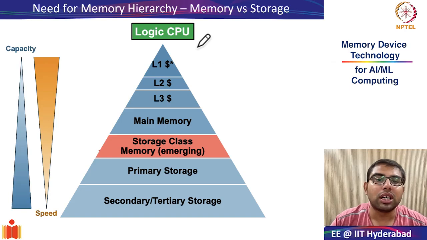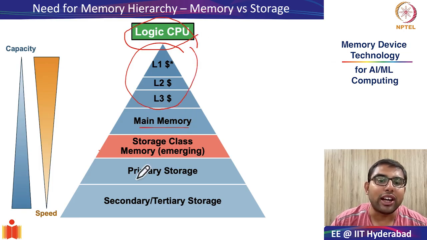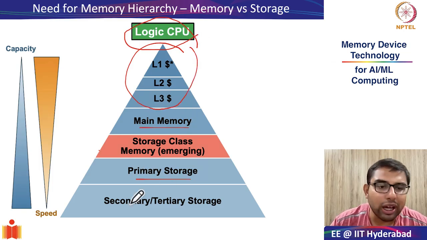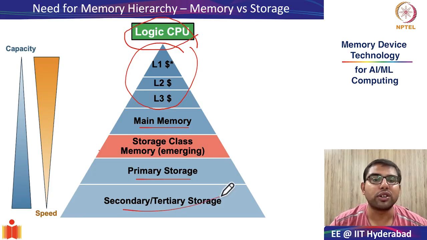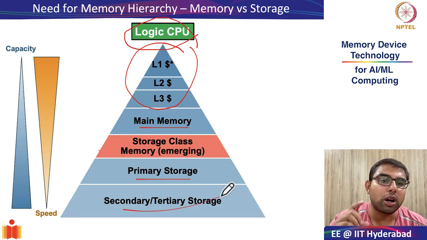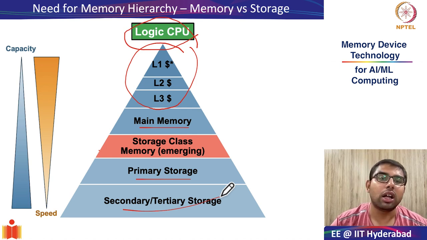At the top is your logic or CPU subsystem, followed by your L1, L2 and L3 caches, your main memory, and your primary storage. You also have secondary storage in server kind of systems, but your caches, main memory and primary storage are the primary elements of memory and storage in modern day computing systems.